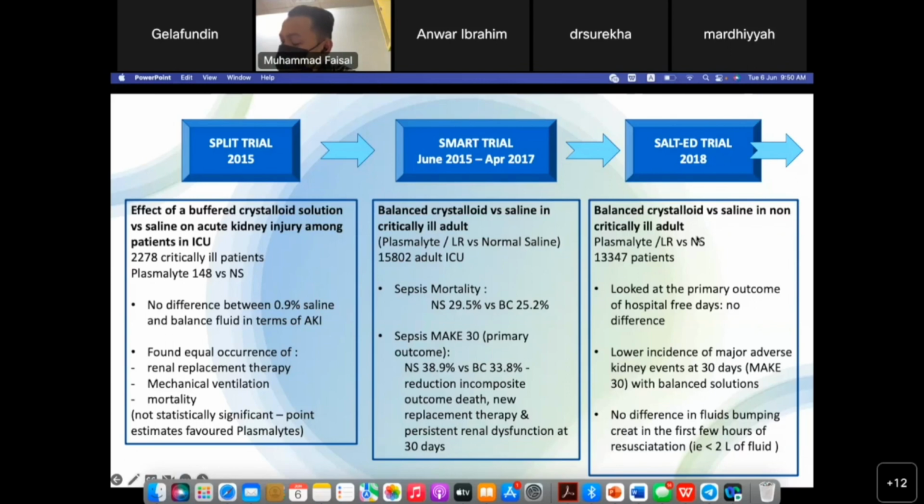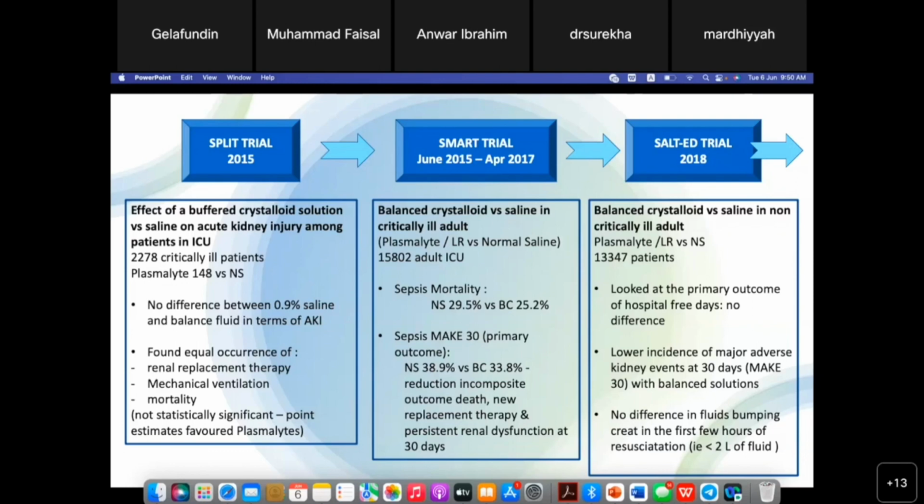So kat sini they look at the primary outcome of hospital-free days, okay, and it shows no difference between the two. Okay, and then it has lower incidence of major adverse kidney event at 30 days with balanced solution.